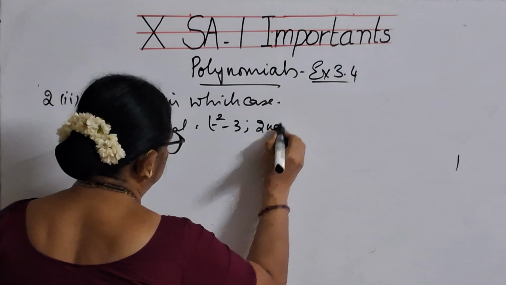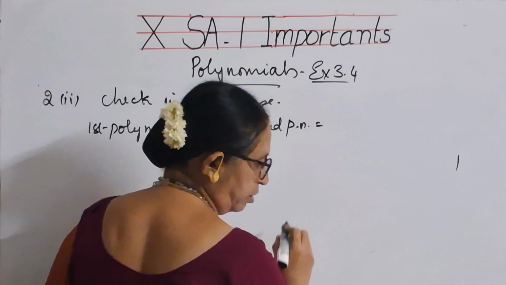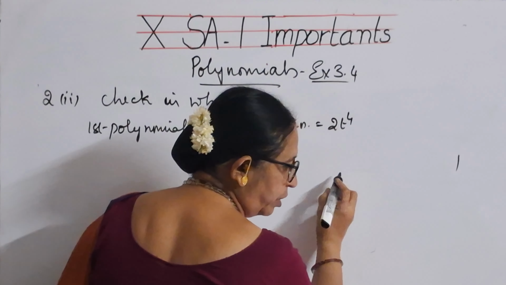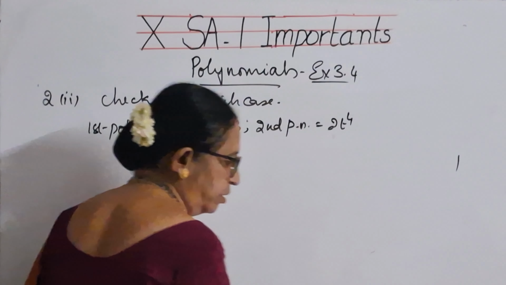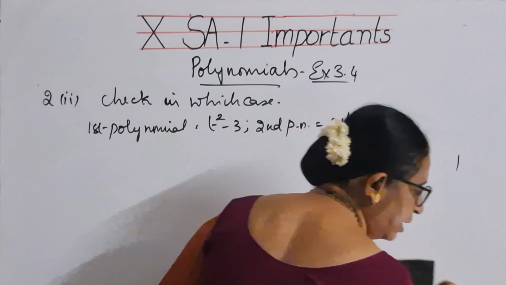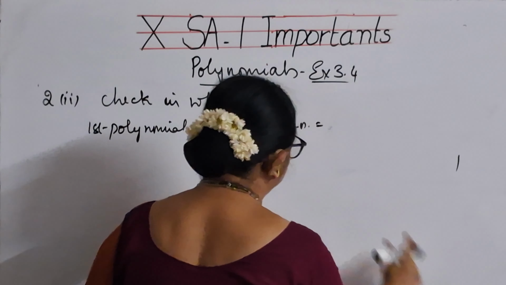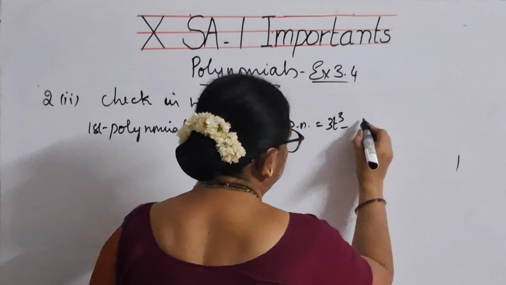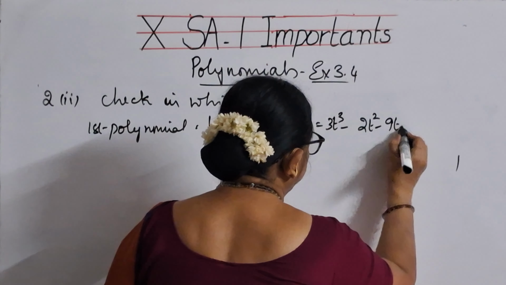And what is the second polynomial? The second polynomial is 2t to the power of 4 plus 3t cube minus 2t square minus 9t minus 12.